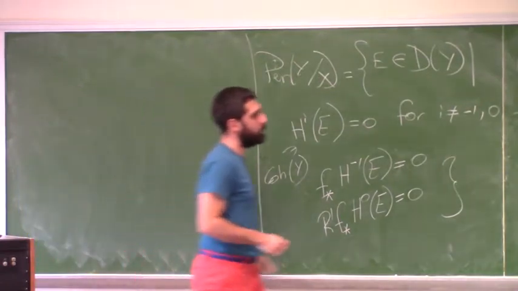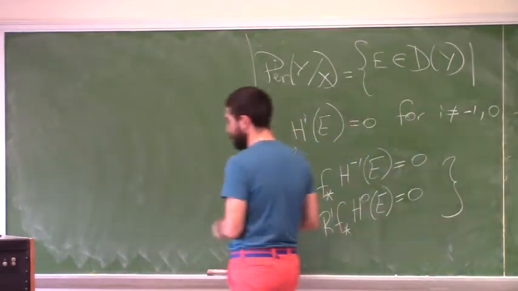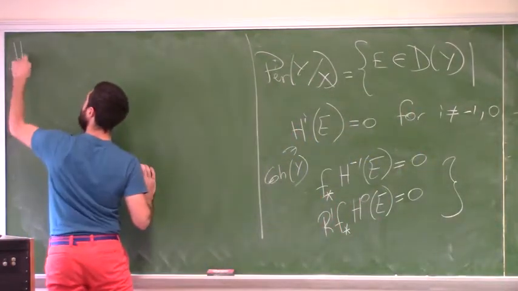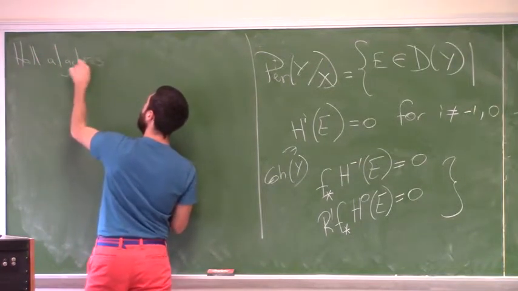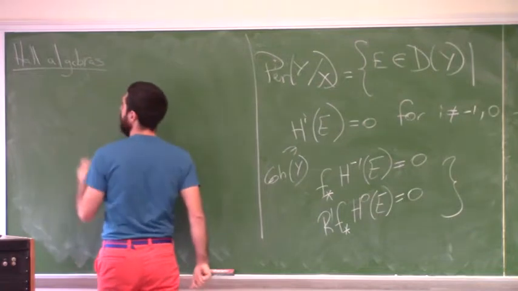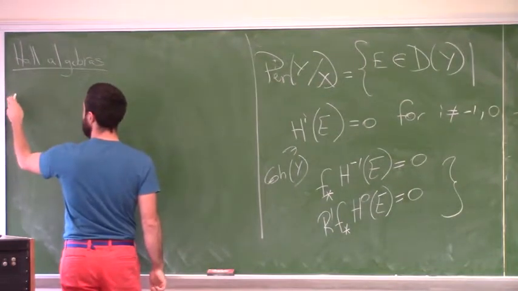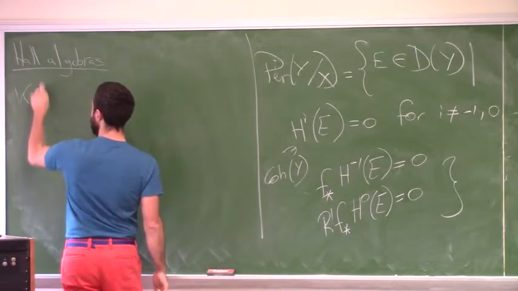Right. So here's where I need to talk about these Hall algebras. First of all, there's this thing called the Grothendieck ring of varieties, which is the following.